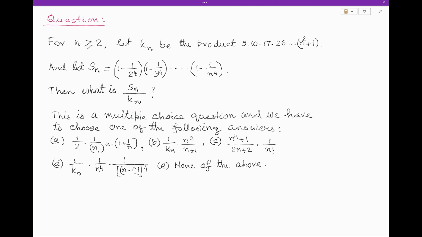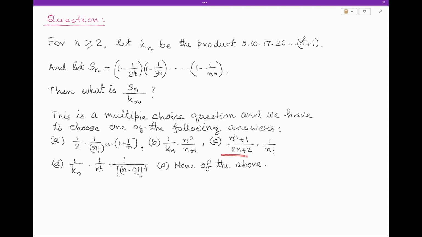This is a multiple choice question and we have to choose one of the following answers. Answer A is 1 by 2 multiplied by 1 divided by factorial n squared multiplied by 1 plus 1 by n. Choice B is 1 divided by Kn multiplied by n square divided by n plus 1.